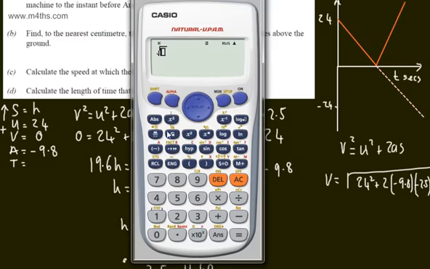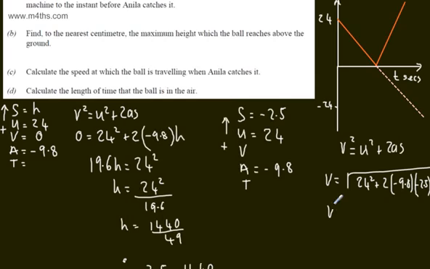So I want the square root of 24 squared plus 2 lots of 9.8 times 2.5. I'm going to leave the negatives off as they essentially cancel, and that leaves me 25. So that works out quite nicely to be 25 metres per second. So that is the speed right there.